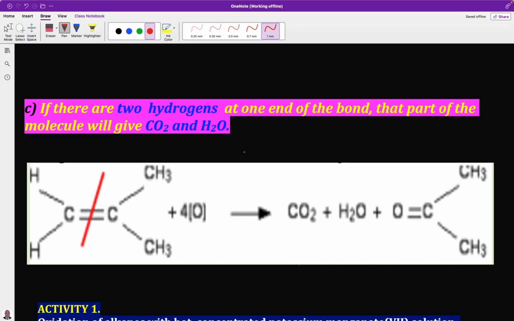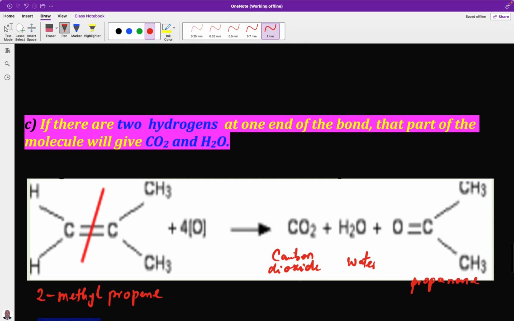For instance, here we are still using this molecule, 2-methylpropene. The products are propanone, water, and carbon dioxide.